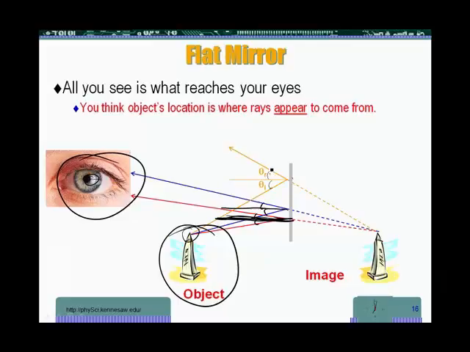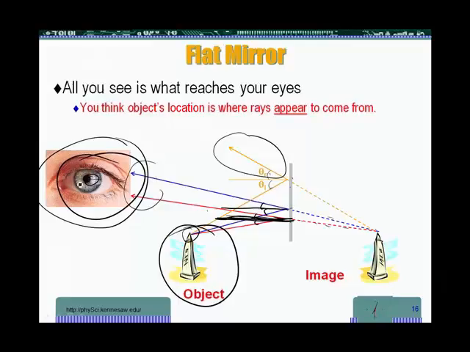Now, what does that mean? These beams are moving towards the eye. They are going to enter the eye. This beam here is not going to enter the eye. It's not going to matter to this eye. However, for this eye, it's seeing two beams, and these two beams look like they're coming from here.